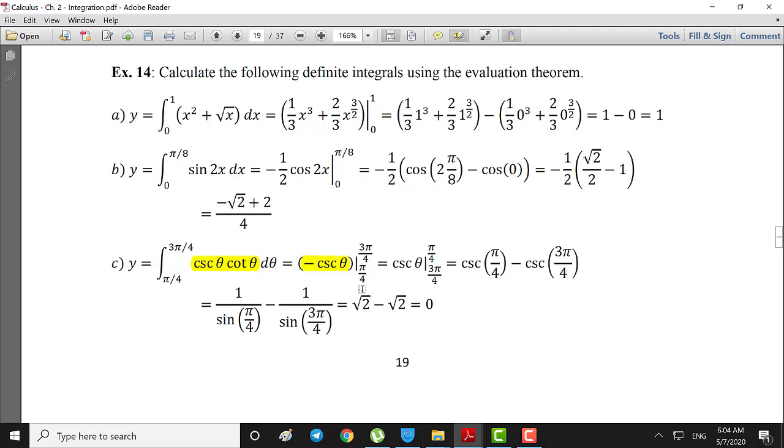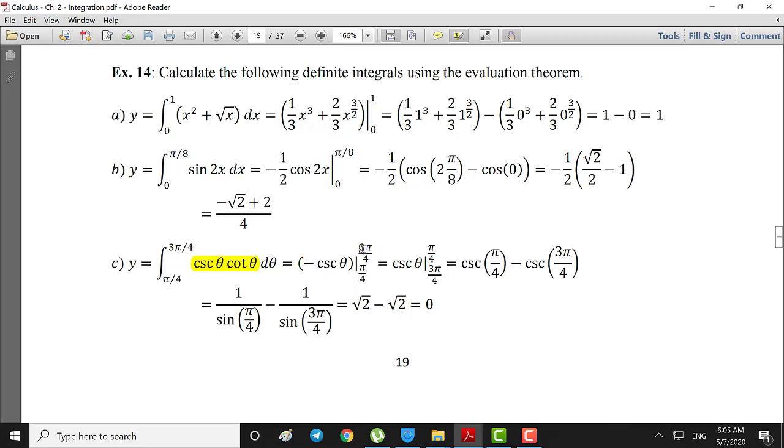Now, here we used a trick because here we have a negative sign. We want to get rid of it. How do we do that? Instead, we can ignore this negative sign and replace this lower limit with the upper limit.